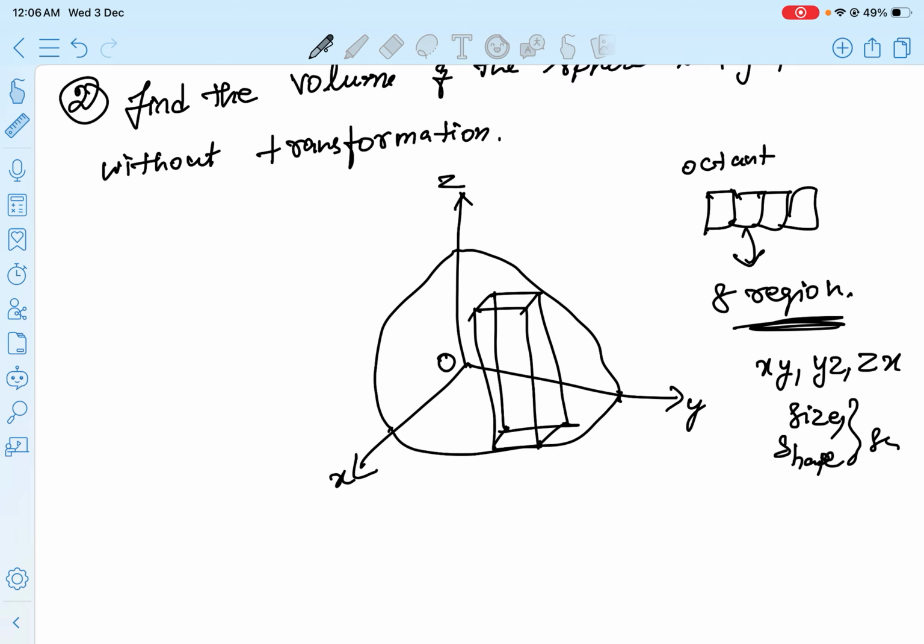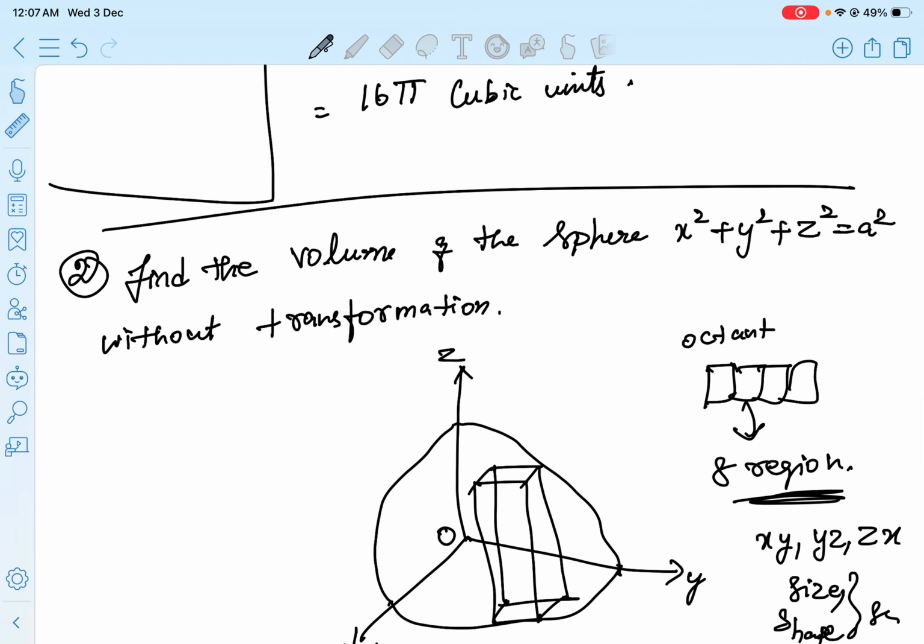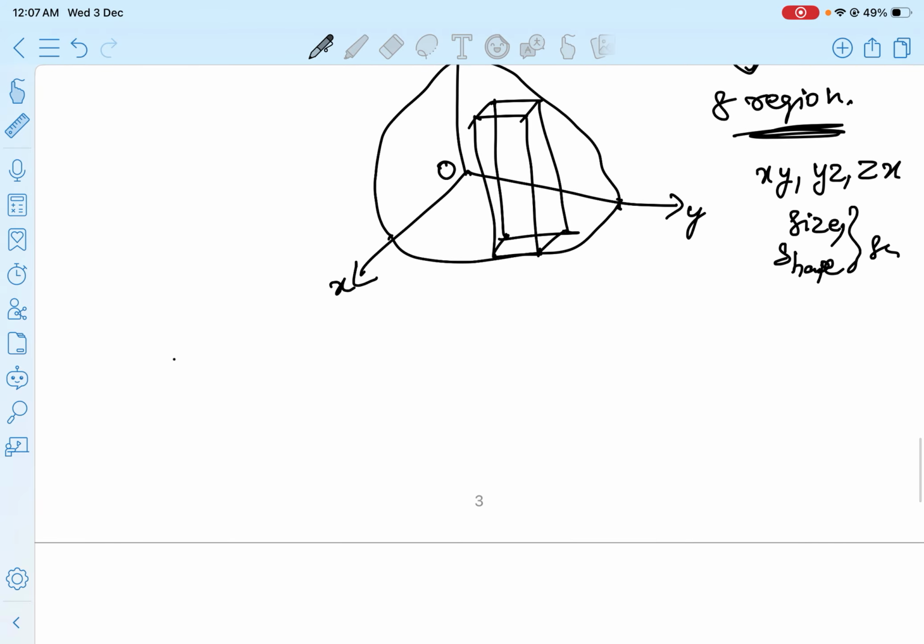For 8 regions, that is called octant. This is the formula for the sphere: x square plus y square plus z square equal to a square is connected to the octant. So for that purpose, we are going to find the volume of one octant and multiply it with 8. So 8 into the volume of an octant.